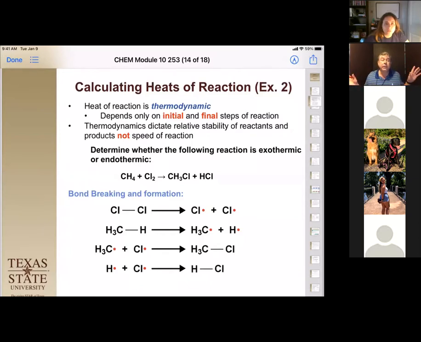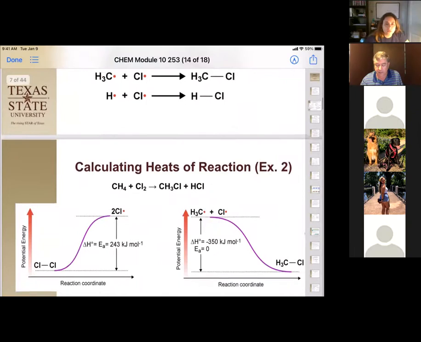There can be 100 other reactions going on, but it doesn't matter, because these are the ones that go from starting materials, the breaking of the bond, to the products. And that'll give us the net energy that is released or absorbed in the reaction. If energy is released in the reaction, it's exothermic. If it's absorbed, it's endothermic.